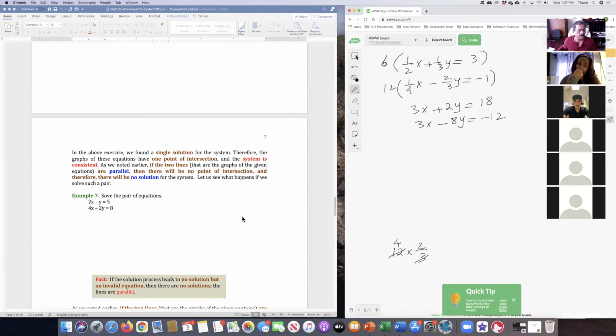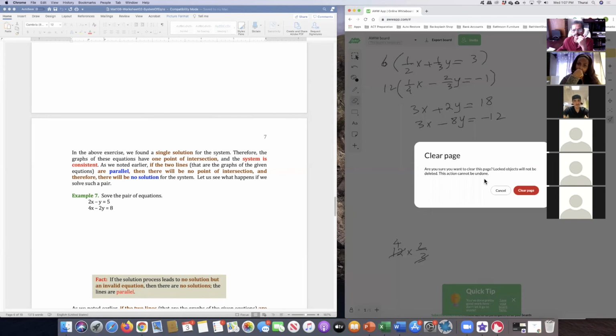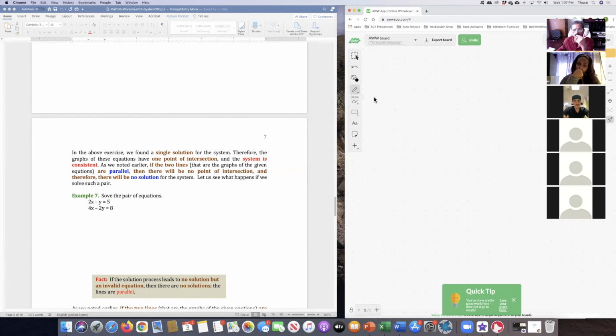Okay, so let's go to the next question. This elimination process we just learned can be used to determine whether the system is coincident, parallel, or intersecting. Let me show you what happens.